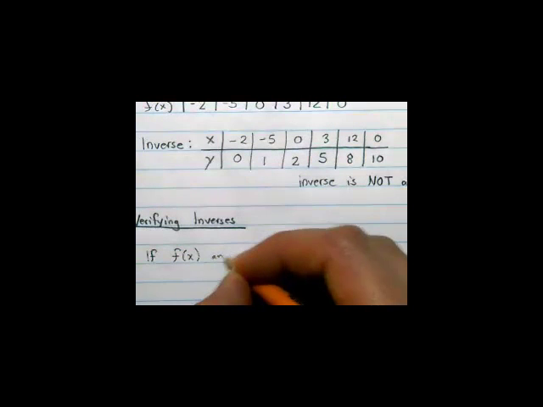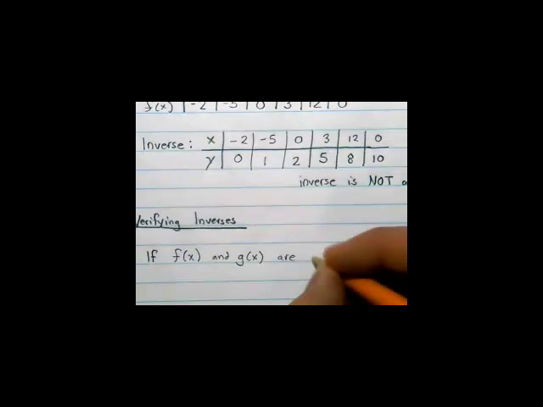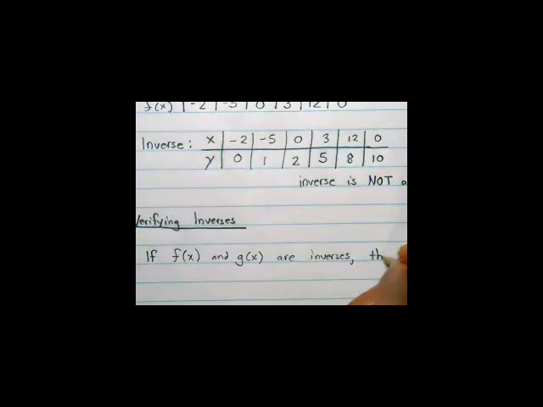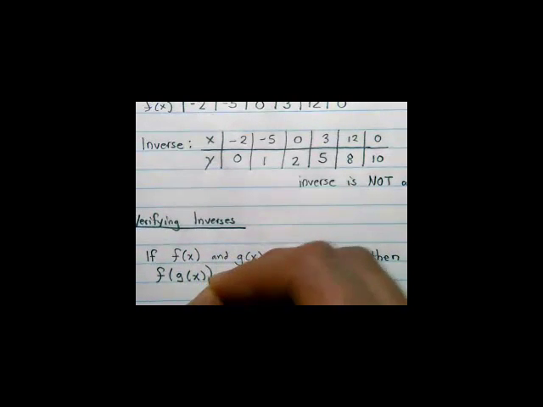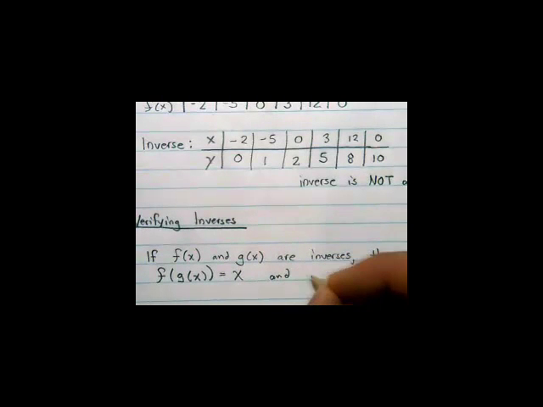So if f of x and g of x are inverses, then f of g of x equals x, and g of f of x equals x.